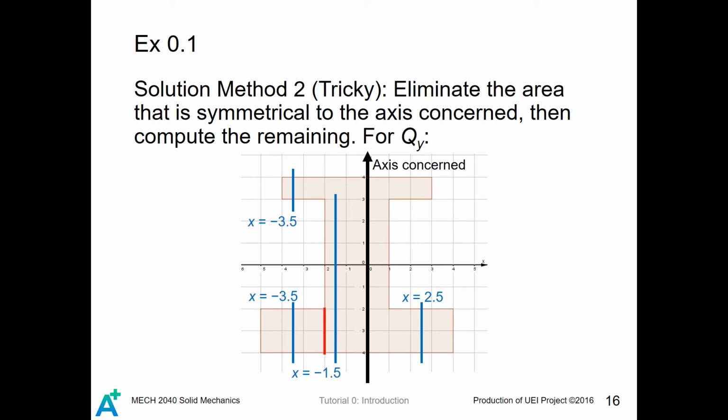And when finding Qy, of course, there is another way to eliminate the area, so we can eliminate this T-shaped area. You can see this T-shaped area is symmetrical about the y-axis, and we know that the first moment of inertia generated by whatever shape that is symmetrical about the axis concerned will be 0.